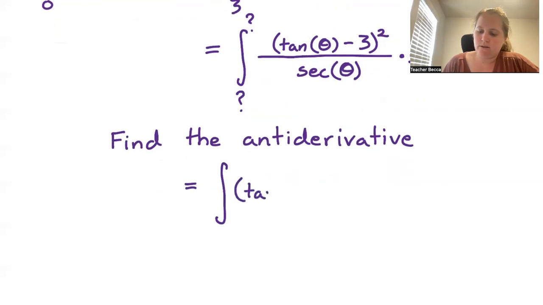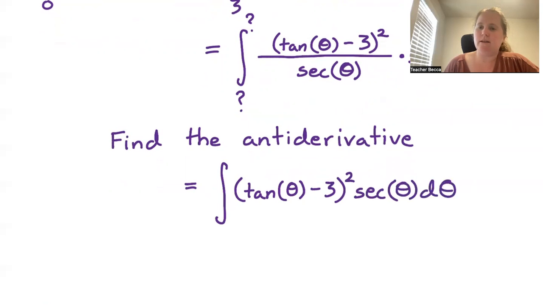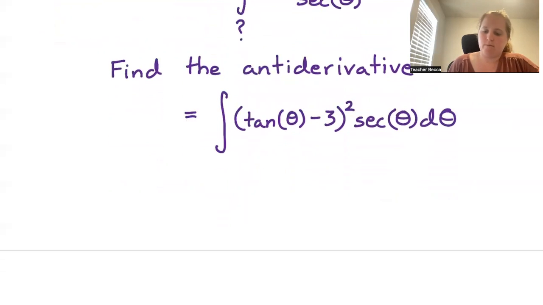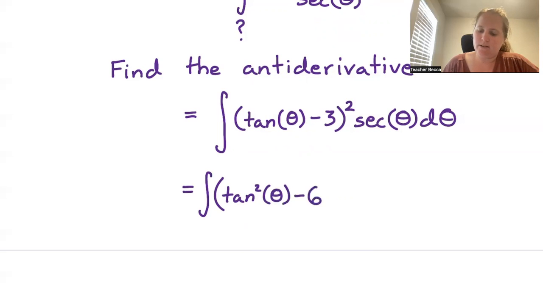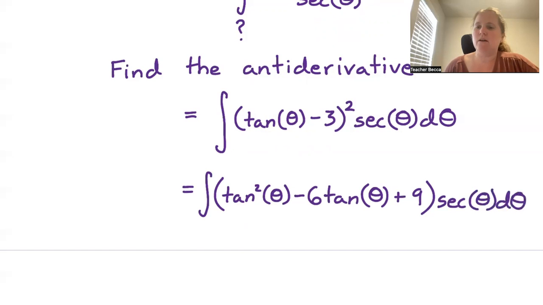So we have tangent theta minus 3, that whole thing squared, times secant of theta d theta. This becomes an integral of tangent squared theta minus 6 tangent theta plus 9 all times secant of theta d theta.